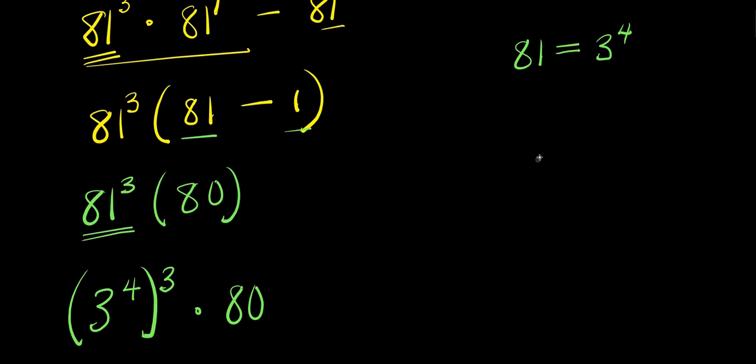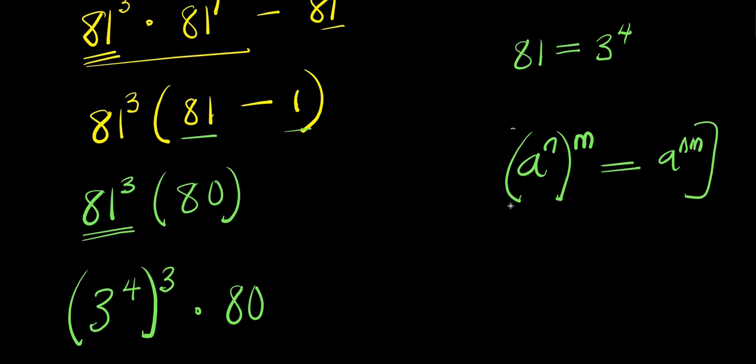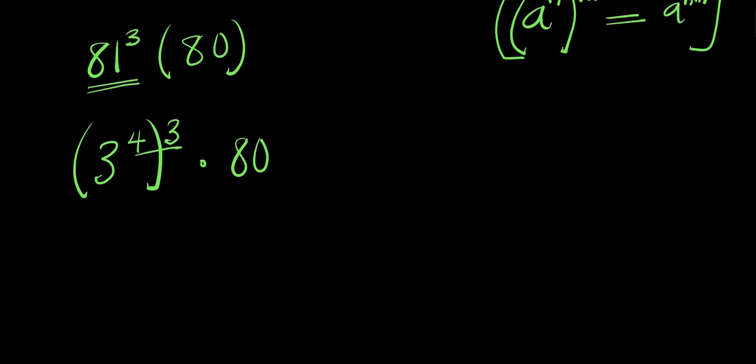Now, if you have a to the power of n, this is raised to the power of m, this equals a power n times m. So we multiply this out. We have 3 to the power of 12, that is 4 times 3, and this is times 80.